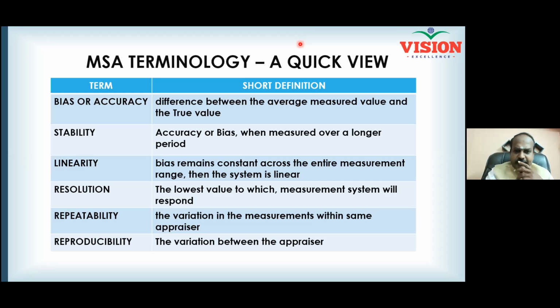And repeatability and reproducibility. What is repeatability? When I ask you to measure a part 10 times, the part is same, equipment is same, instruction is same. If you give me all 10 readings exactly same, then you are repeatable. But actually, when you ask your appraiser to check the same part 10 times, you should not let him know that he is checking the same part.